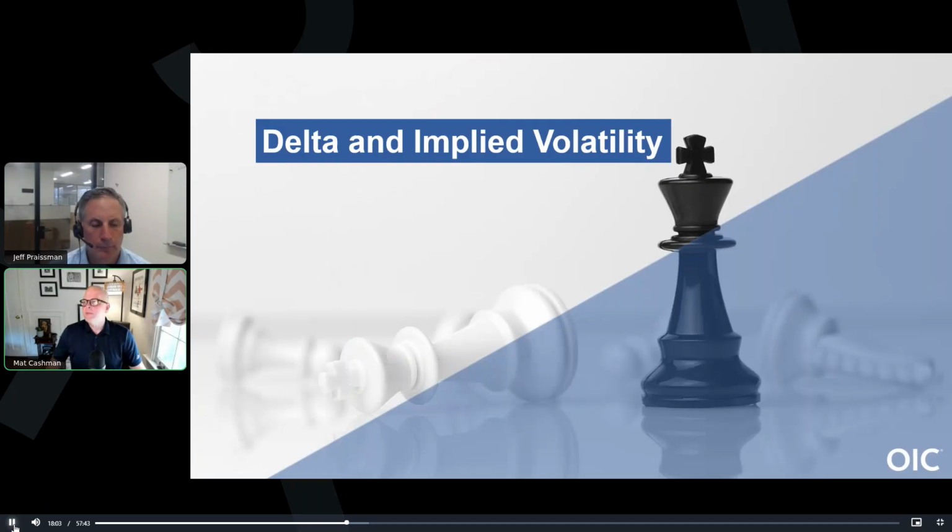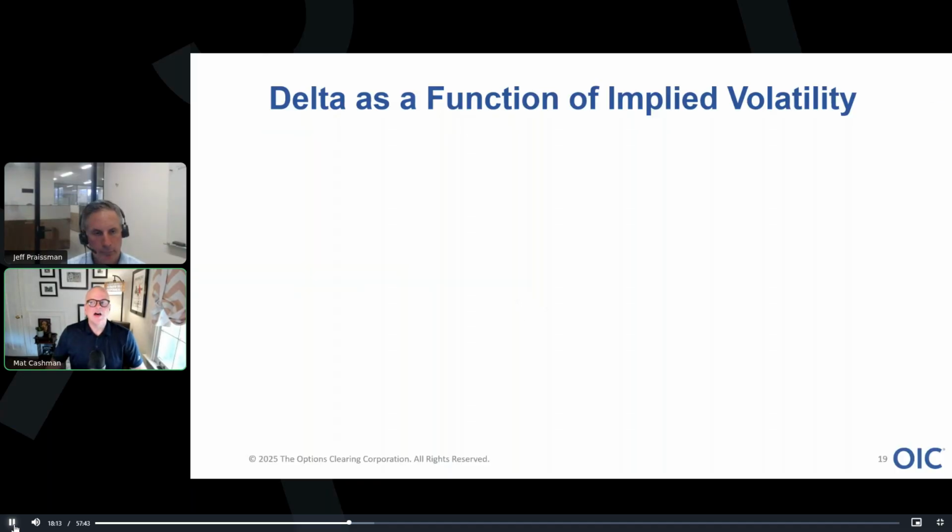Because one of the things that people, I think, don't think about enough is how the Greeks are related to implied vol levels. Delta as a function of implied vol. I'm going to walk through delta, gamma, and theta, basically, and talk to you about how those are related to implied vol.